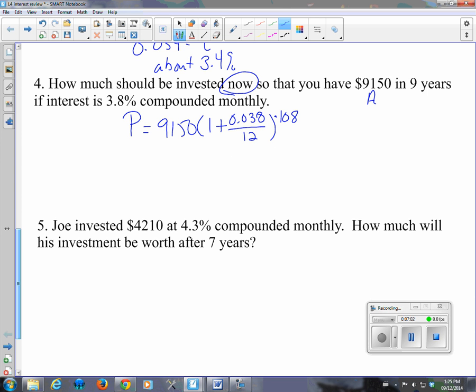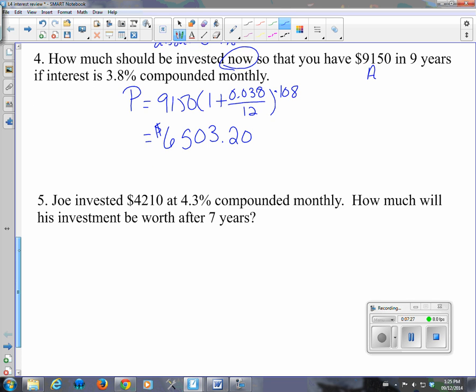So let's try that again with the right exponent. 0.038 divided by 12 plus 1 to the exponent negative 108 times 9,150. That's better, $6,503.20 right now to get $9,150.